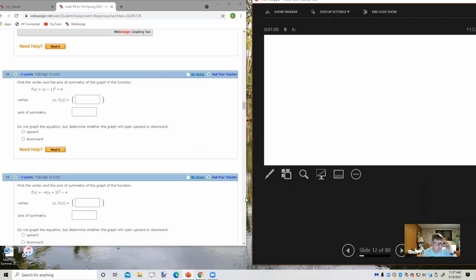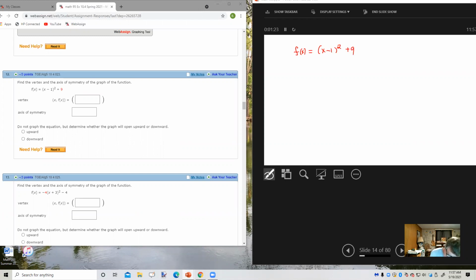It says, find the vertex and the axis of symmetry of the graph of the function. Okay, and the function is f of x equals the quantity x minus 1 squared plus 9.